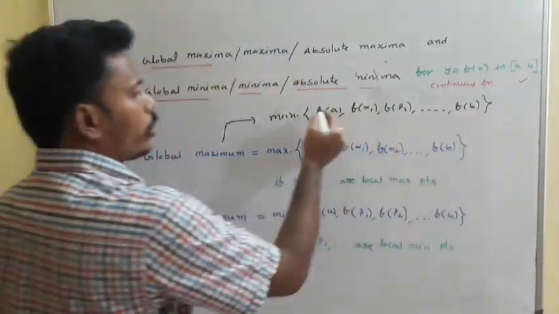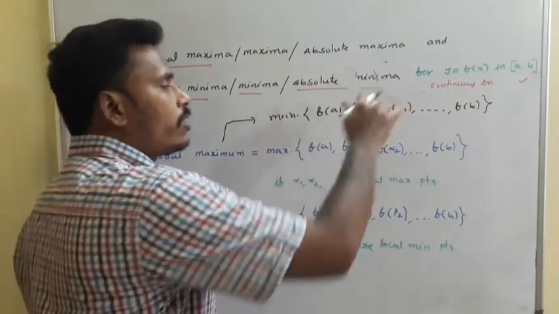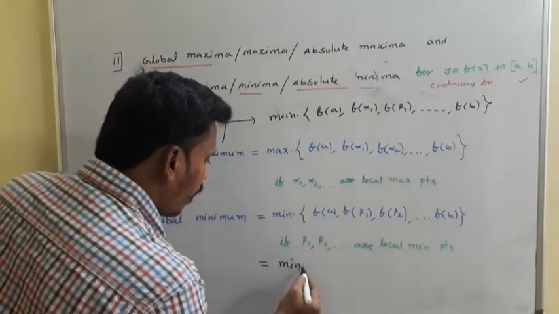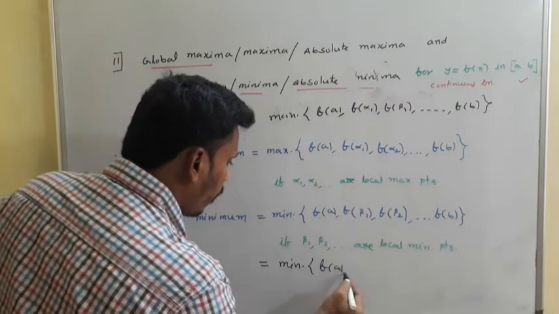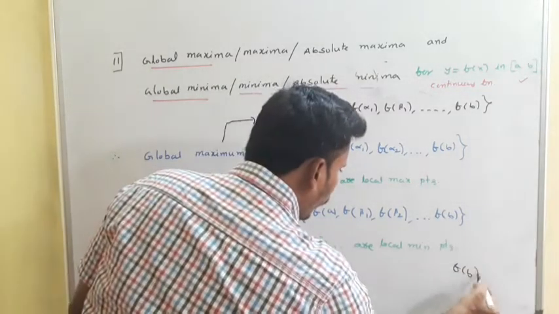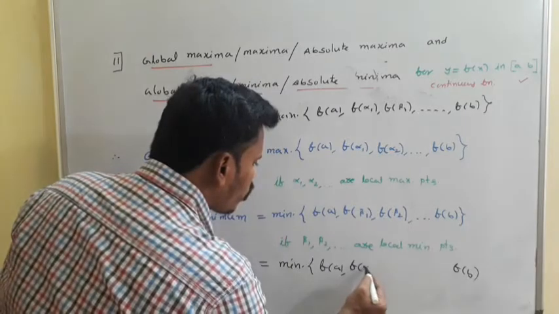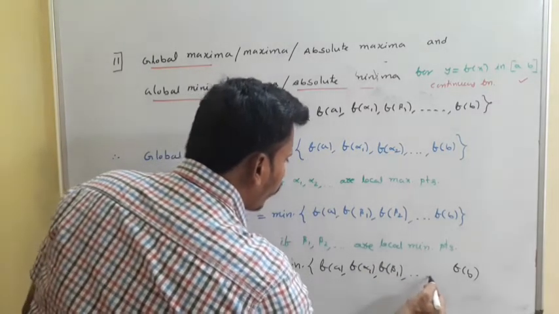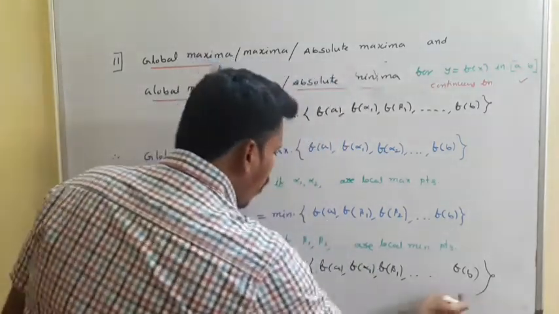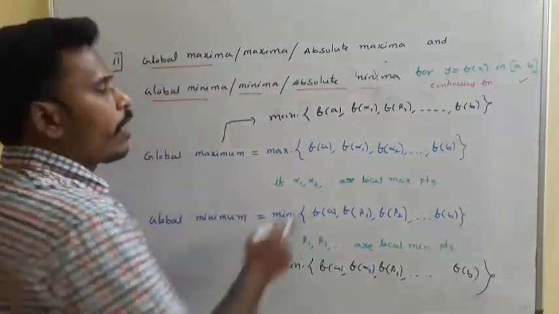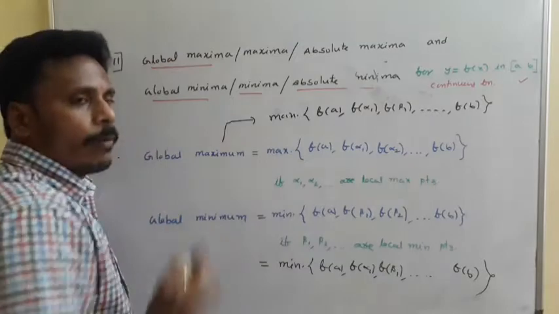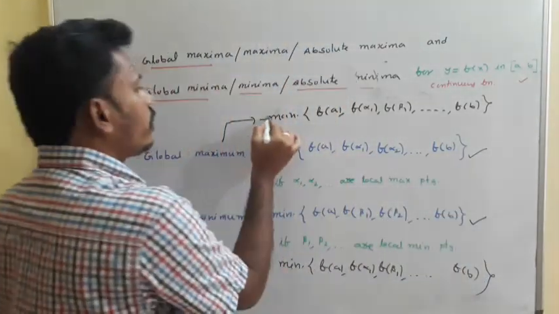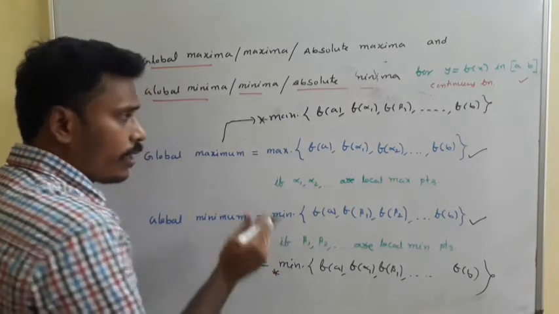All together you need to check, and the maximum among all these is the global maximum, and the global minima is simply the minimum of f of a, f of b, and all the functional values at the critical points, f of alpha 1, f of beta 1 and everything. The minimum of this list is the global minimum, and the maximum of this list is the global maximum. Either you may use this rule or you may go with this rule. Both are the same actually, just think a while.